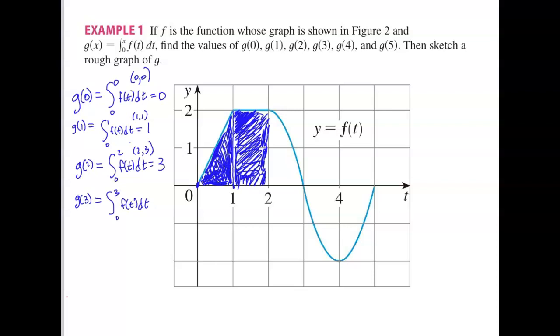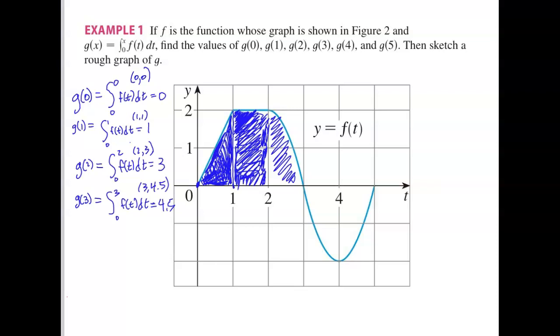More than 1? What do you want to go with? Not more than 2. Do you think it's 1.5? That's good enough for me. Let's just do, it's roughly 1.5. You guys okay with that? So if I add on an additional 1.5 to that, what's my output going to be? 4.5, right? So I'd have the point 3 comma 4.5.